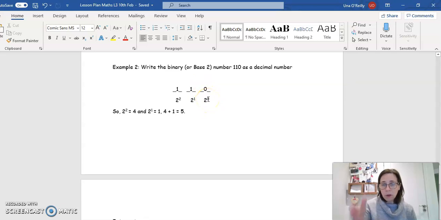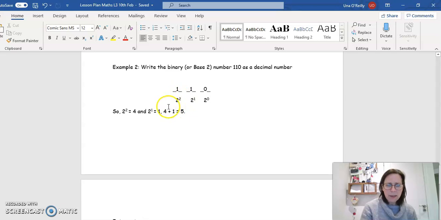The number on the right hand side is the smallest number, the 1's column, or the 2 to the power of 0 column. The next one is the 2's column, 2 to the power of 1. Next one is 2 to the power of 2, which is the 4's. So what you've got there is you have no 1's, you have 1 two, and you have 1 four.